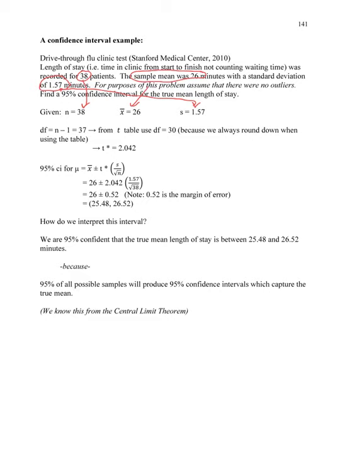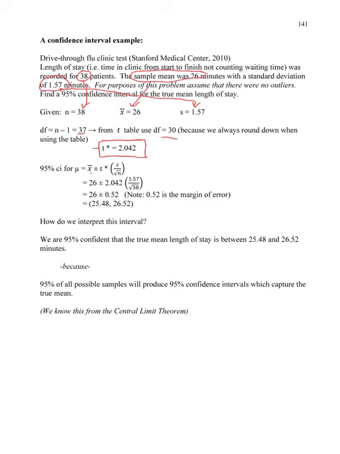Our degrees of freedom are going to be n minus 1, or 37. From the t-table, we're going to use degrees of freedom 30 because we always round down. This is going to give us a t star of 2.042. At that point, we have everything we need.